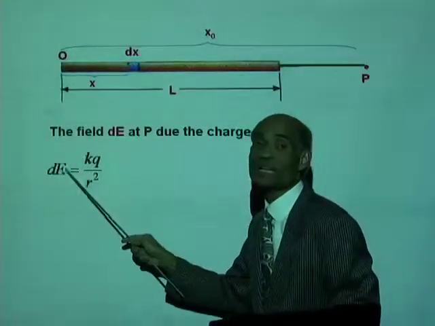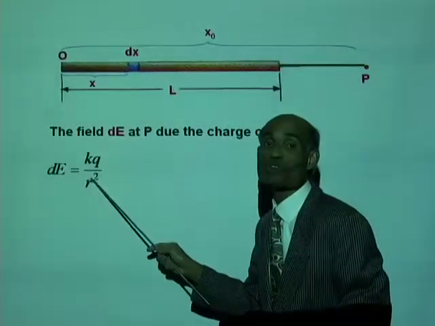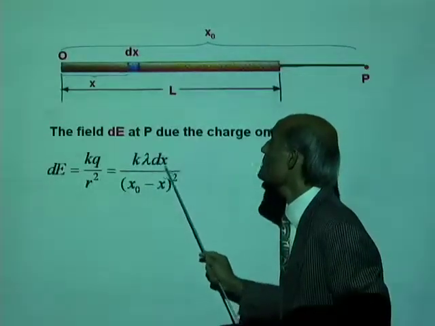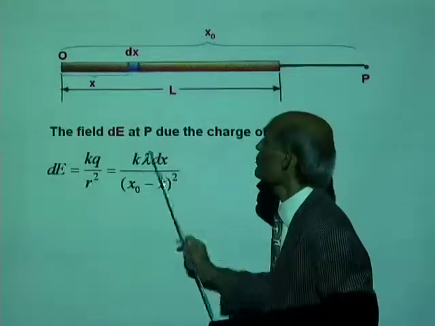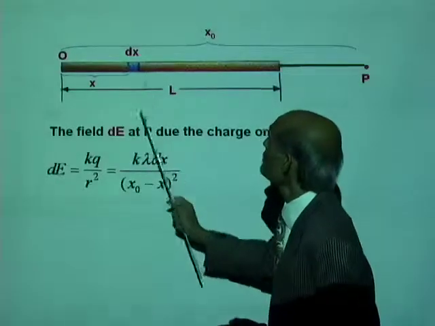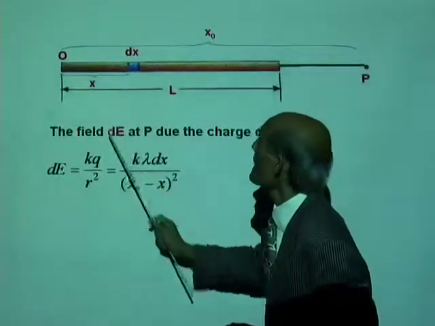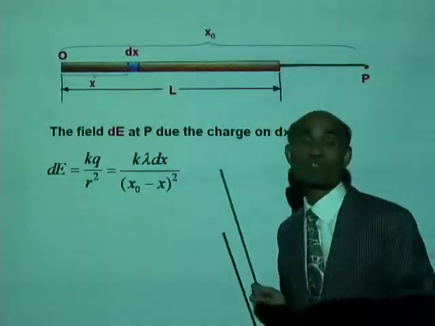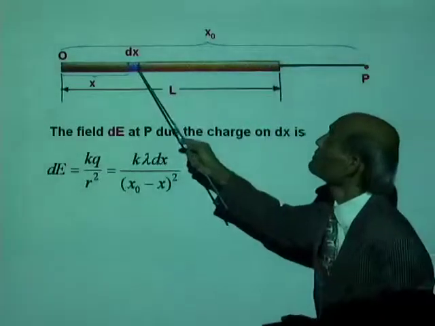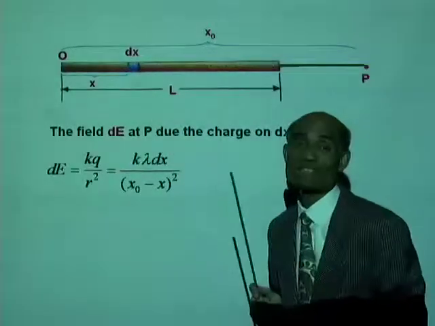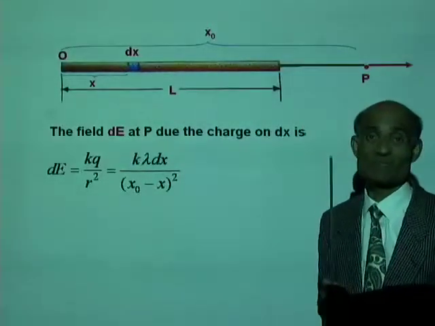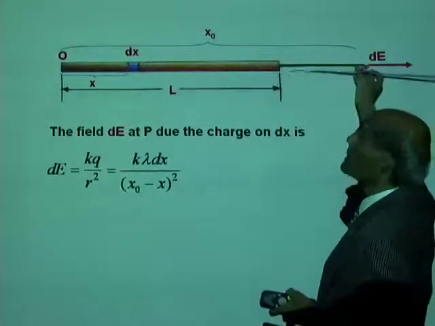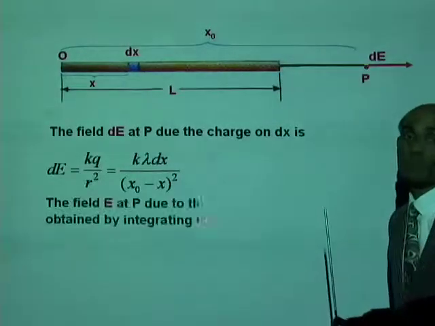So we have dE equal to kq over r squared. That will be k lambda dx, that is the charge on this, and the distance is x0 minus x, and so you square it. This is the electric field at P due to this small segment of length dx. Alright? And this is dE, which will be directed away.